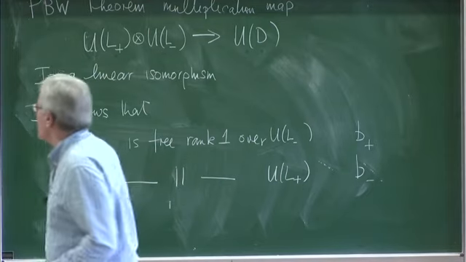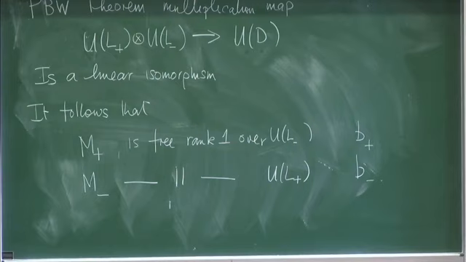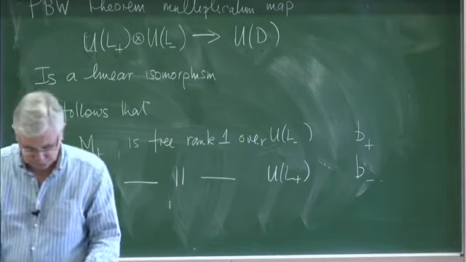So in other words, the fact that this thing tells you that the map from the universal enveloping algebra, D, which sends one to that thing, factors over the tensor product over L minus, over L plus.